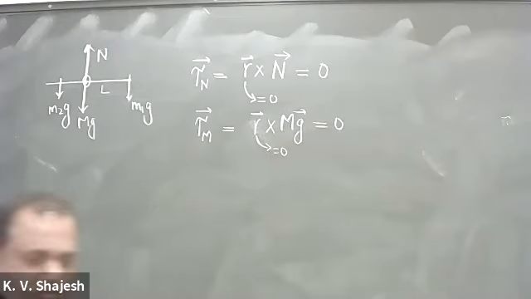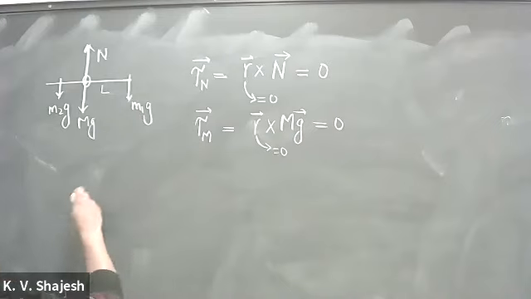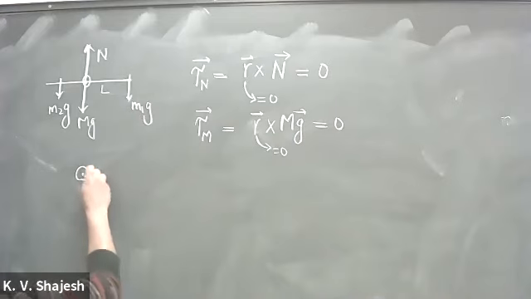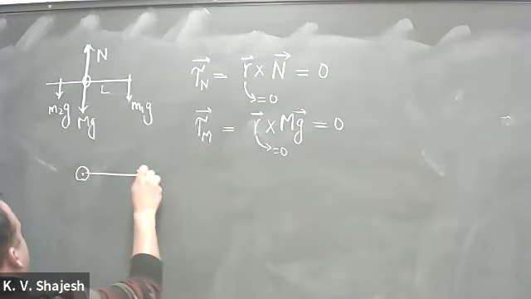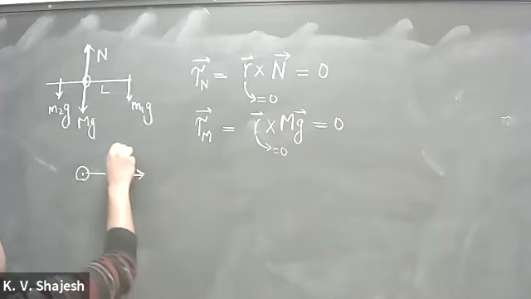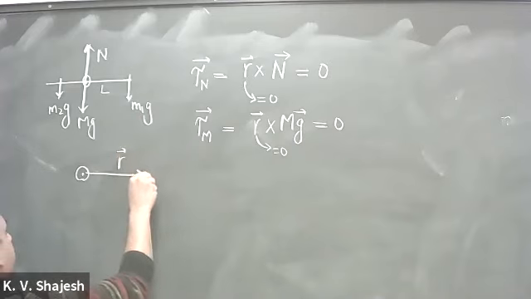So two of the torques are gone. Now we have the torque due to M1g here. So let's do that. That's your axis, and that's your position this time, so that's your R, and that's your M1g.